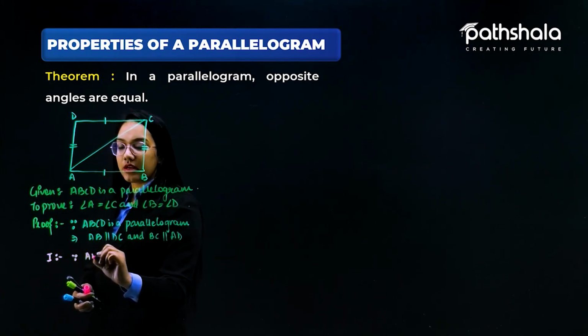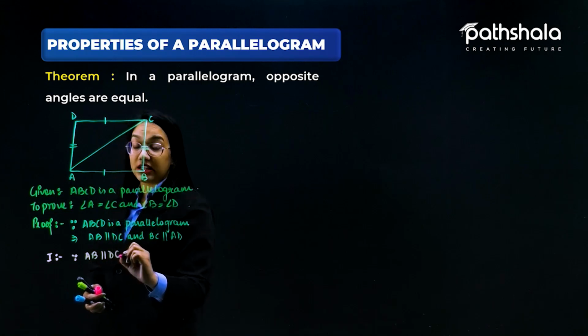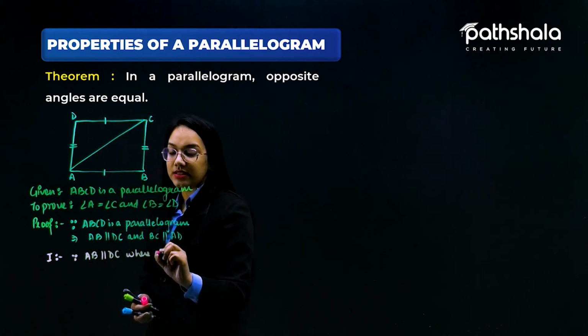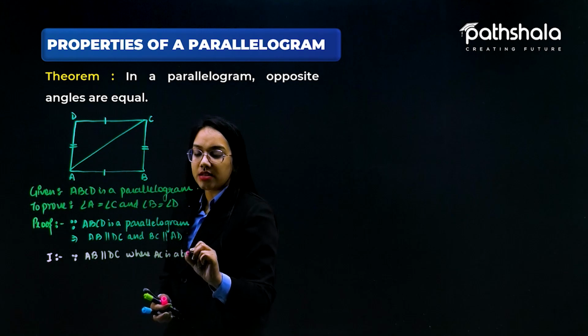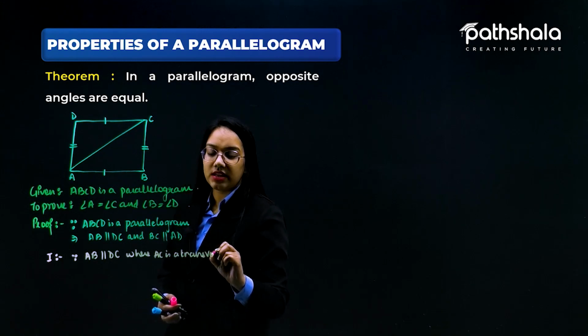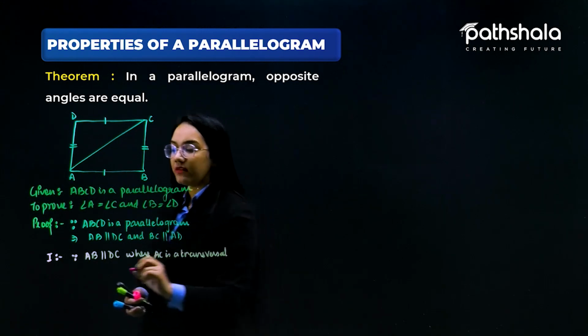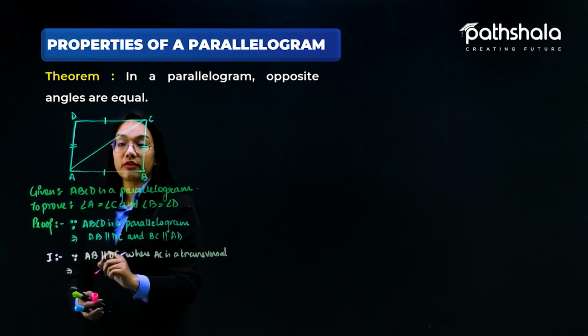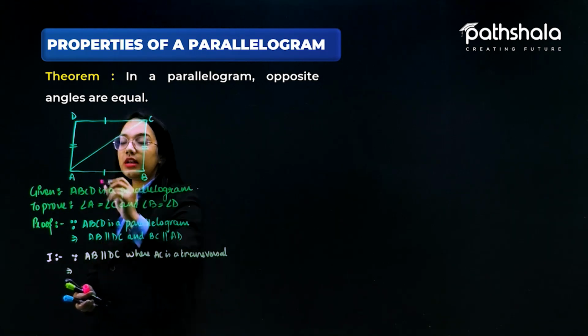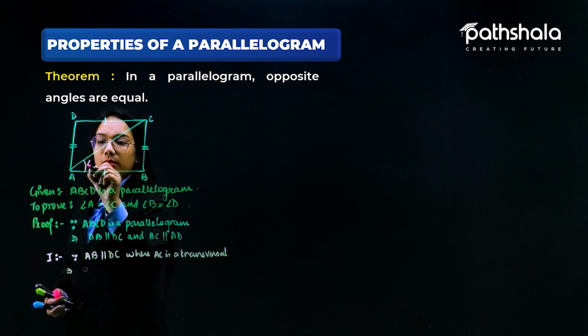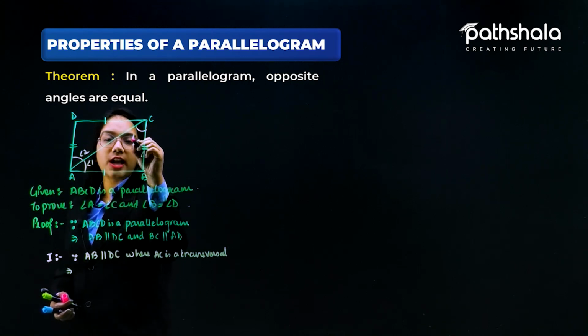Now, since AB is parallel to DC, where AC is a transversal, what can we say about the two angles? Let me take this as angle 1, this one as angle 2, this one as angle 3, and this one as angle 4.